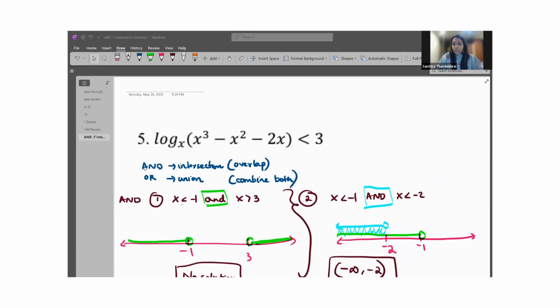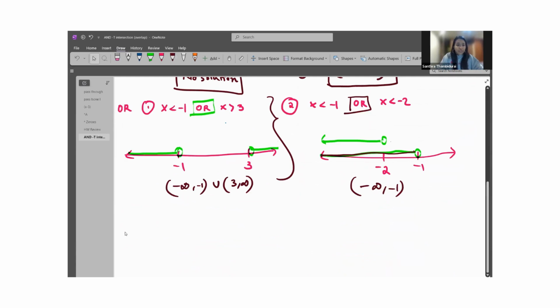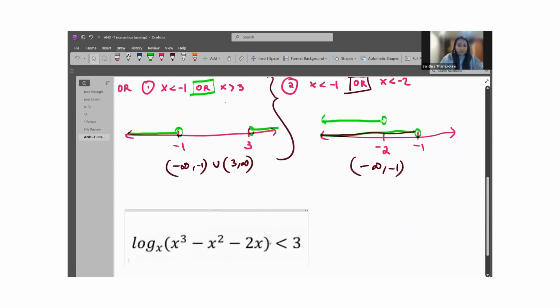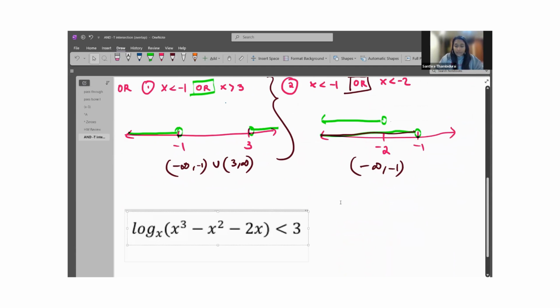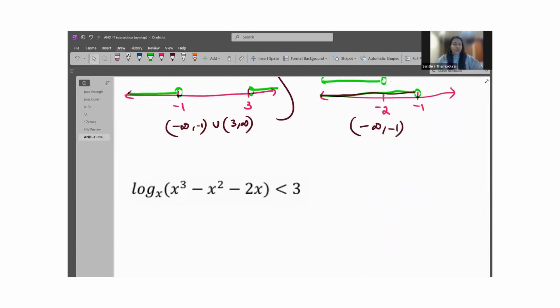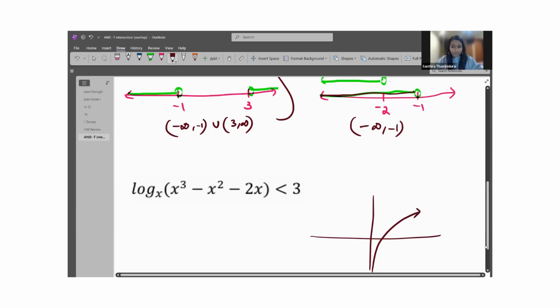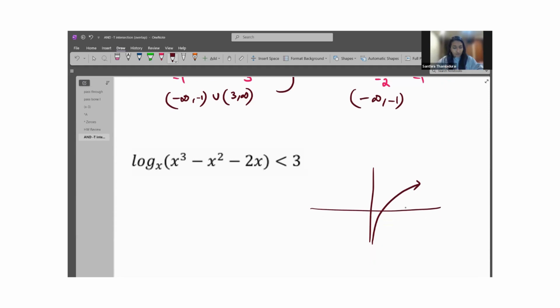So that is a quick review of inequalities, because you need to know that before you go into something this big. Now, let's talk about this really quick. Before you do any log questions, whether it's equations or inequalities, the one thing you need to do is make sure to check for domain, okay? So you know a log function looks like this. In your log function, your x values must be greater than 0.